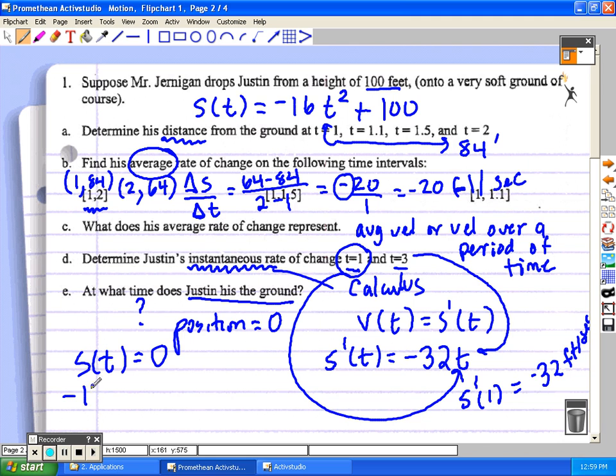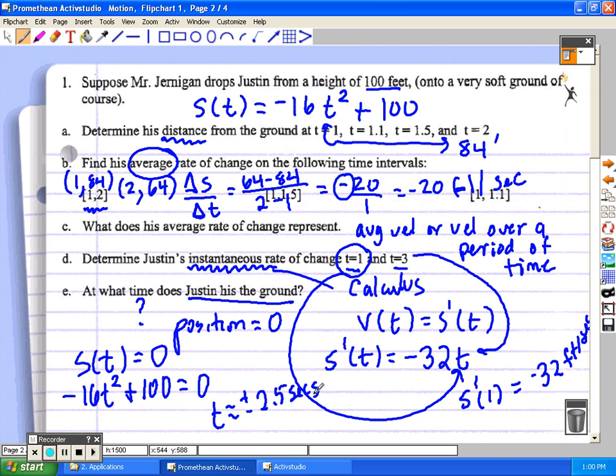So we set negative 16t squared plus 100 equal to 0. Subtract 100 from both sides, divide both sides by negative 16, take the square root of both sides, and it turns out t is approximately plus or minus 2.5 seconds.